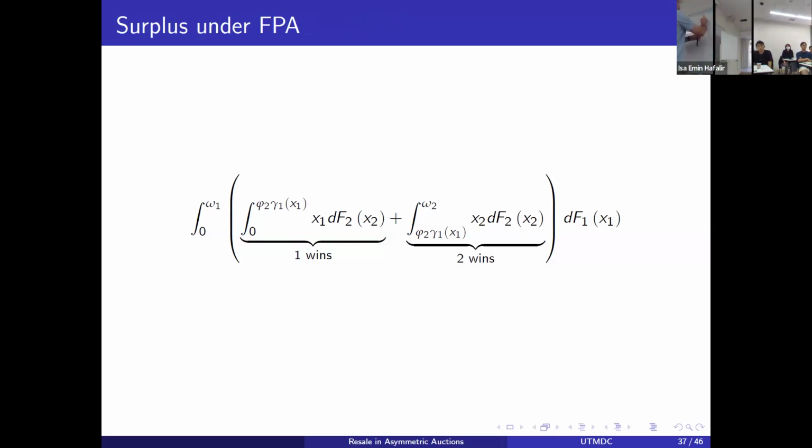So without resale, let's say this is beta 1, this is beta 2. For any given x1, so let's say this is x1.